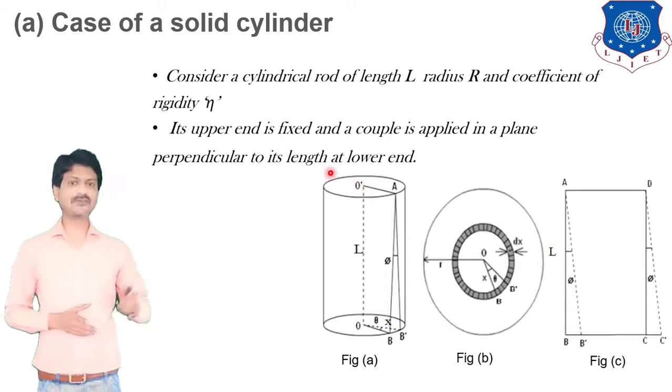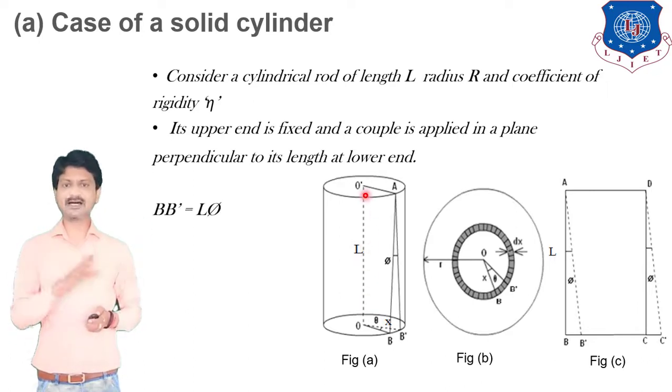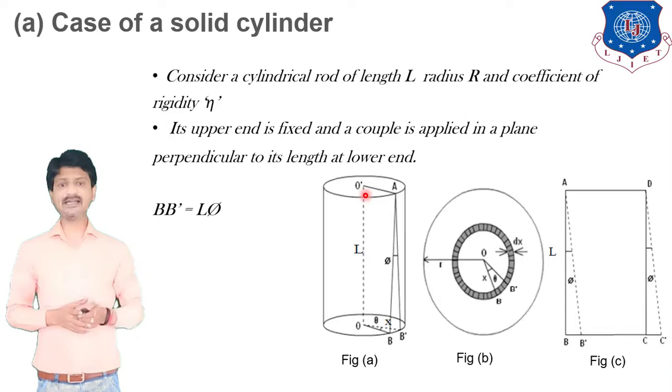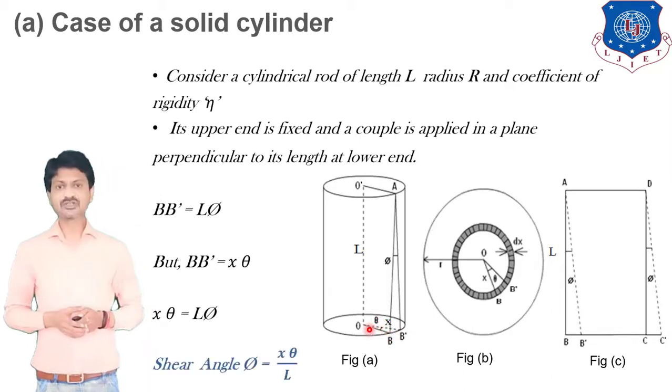You can see in the figure that here the solid cylinder is of length L and radius R, and it is clamped at its upper end. Now, let this cylinder be twisted by a couple applied to its lower end in a plane perpendicular to its length through an angle theta. You can see in the figure that angle theta is nothing but the angle of twist of that cylinder.